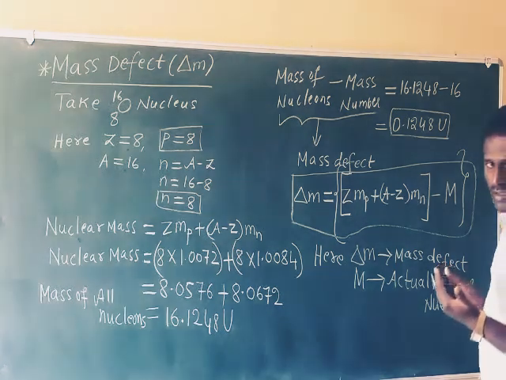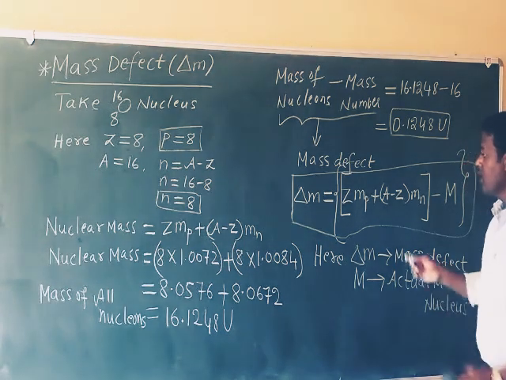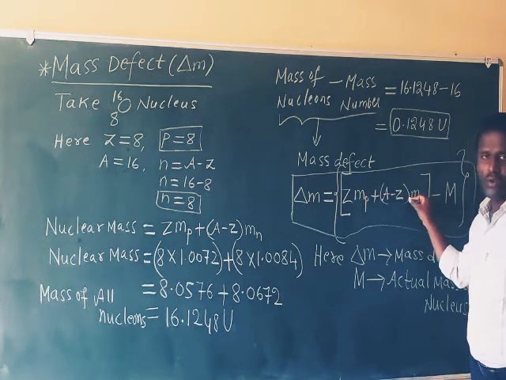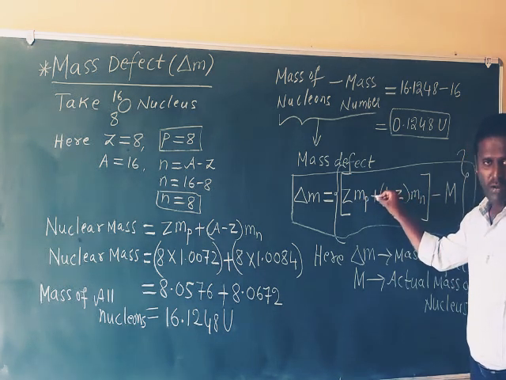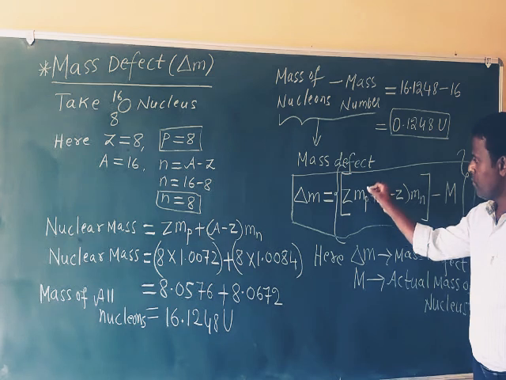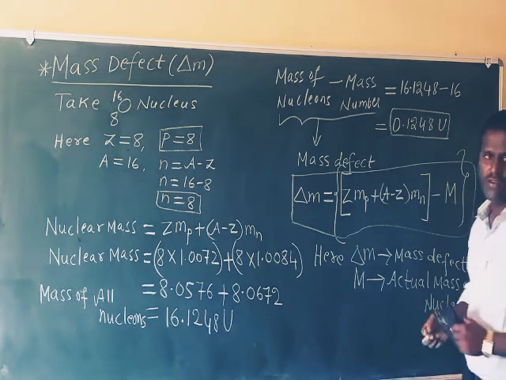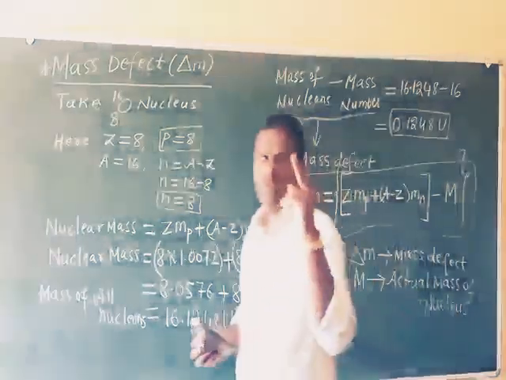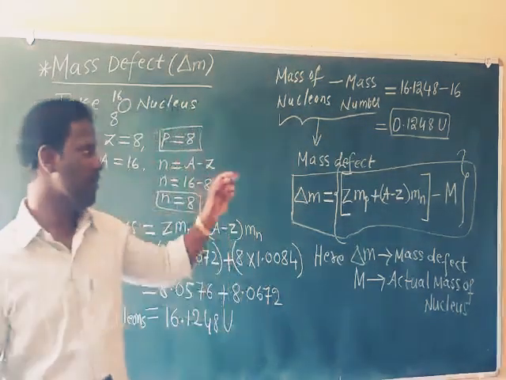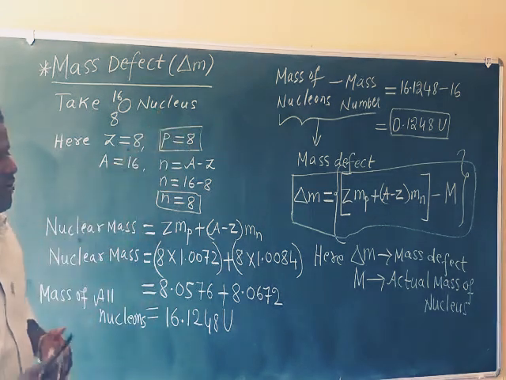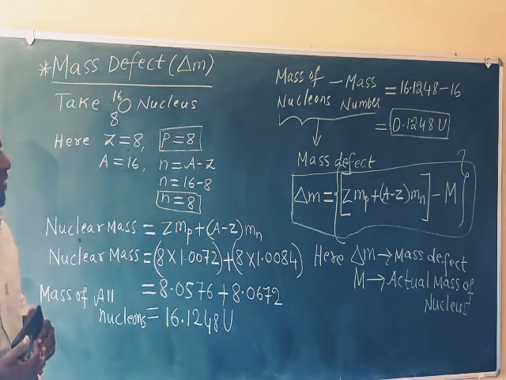Another way of defining it: it is the difference between the sum of the mass of all protons and all neutrons and the actual mass of the nucleus. It is the difference between two things: the mass of all protons and neutrons, and the actual mass of the nucleus.